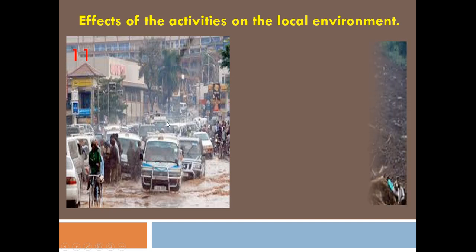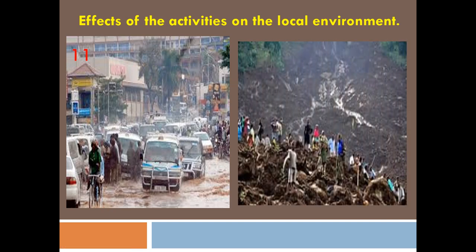Then in photograph number 12, this was also an area which was affected by the human activities of farming and forestry, and what effect do we see in this photograph?